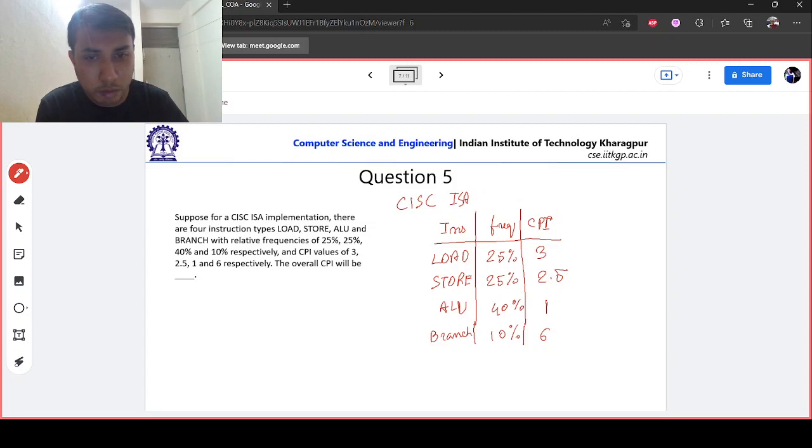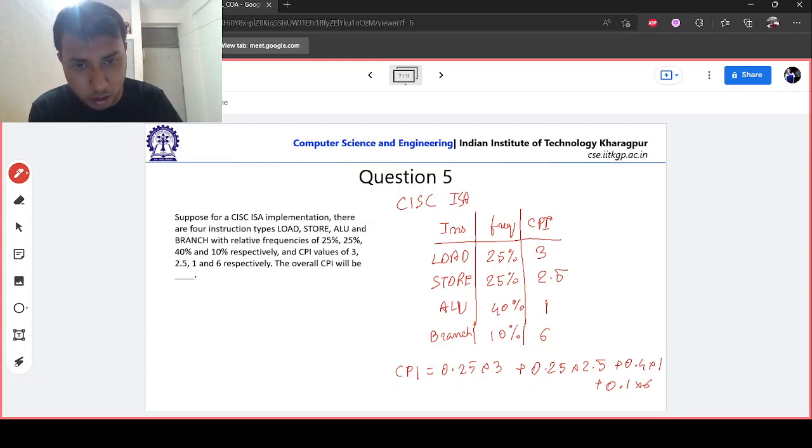So overall CPI will be, what we will do, we will add with respect to its frequency, a weighted add, you can say. So it will be 0.25 into 3 plus 0.25 into 2.5 plus 0.4 into 1 plus 0.1 into 6.